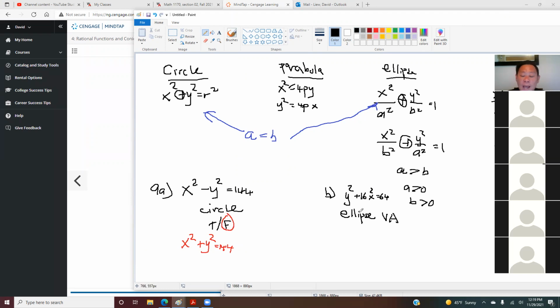All right, question 9b. It says that y squared plus 16x squared equals 64 is an ellipse with the major axis on the vertical axis. Is that true or false?